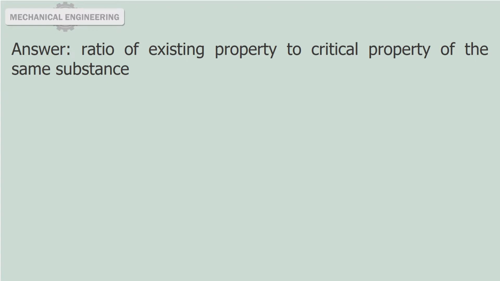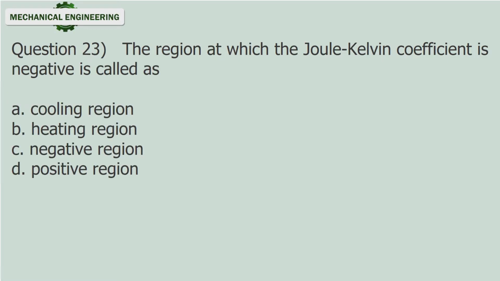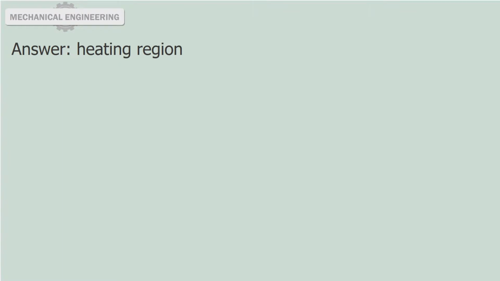Answer: ratio of existing property to critical property of the same substance. Question 23. The region at which the Joule-Kelvin coefficient is negative is called as A. Cooling region. B. Heating region. C. Negative region. D. Positive region. Answer: heating region.